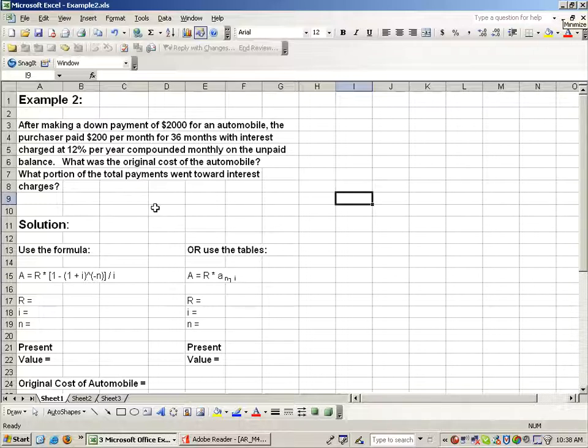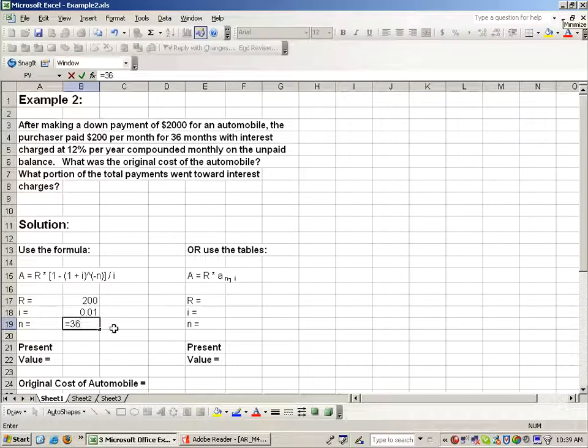So that is a type of annuity. So R stands for the regular payment, which is $200. I stands for the interest rate per conversion period, so that's 12% divided by 12 since interest is compounded monthly. And N stands for the total number of payments, which is 36.